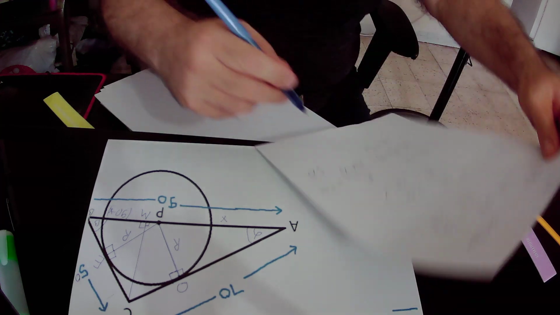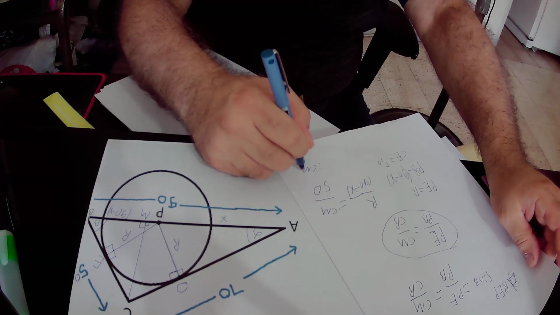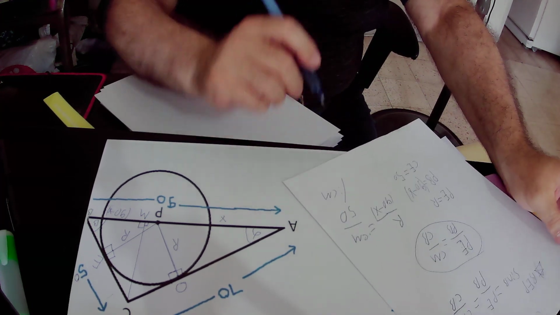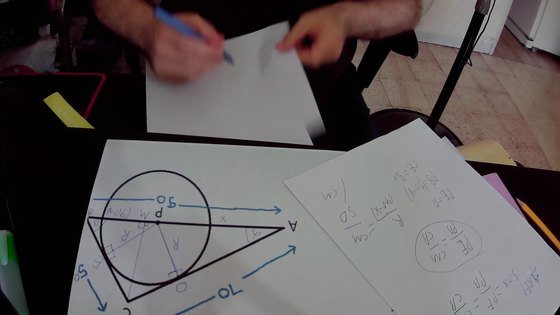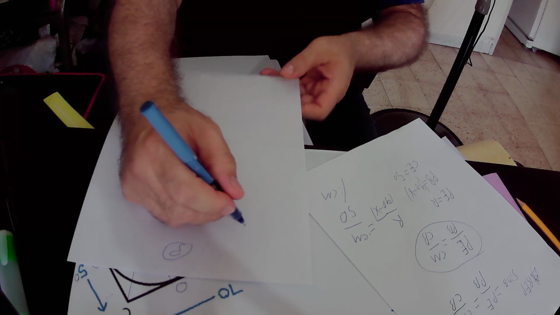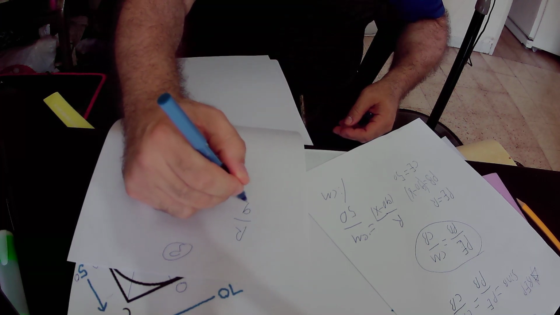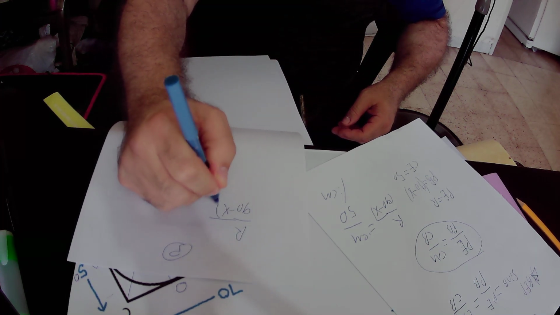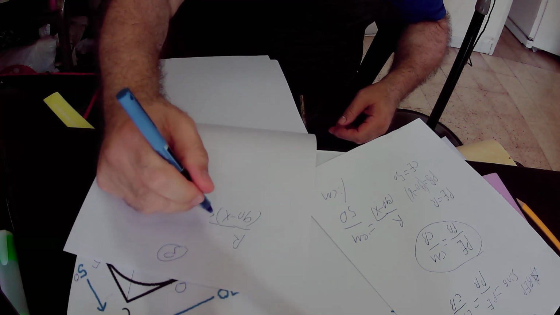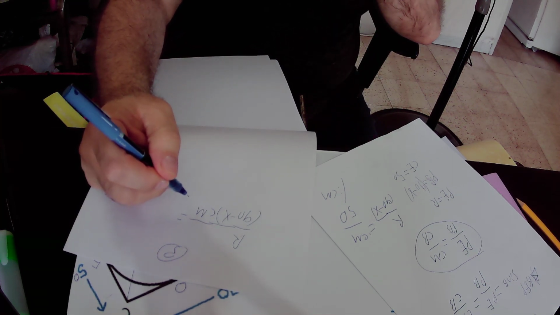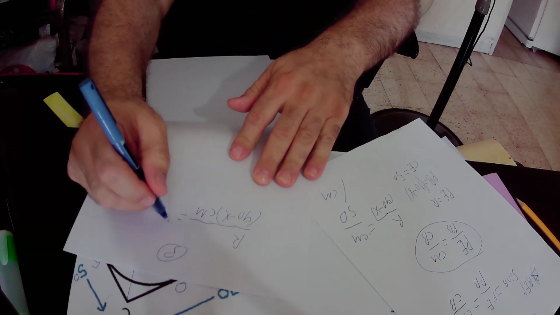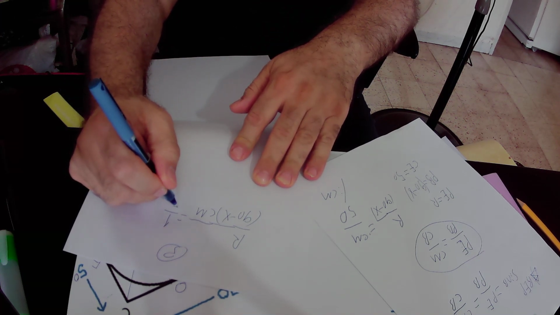Okay? We will get that R over 90 minus x over CM equals 1 over 50.